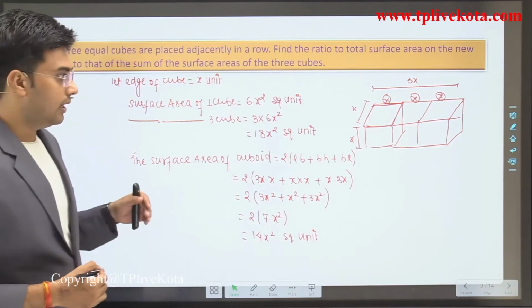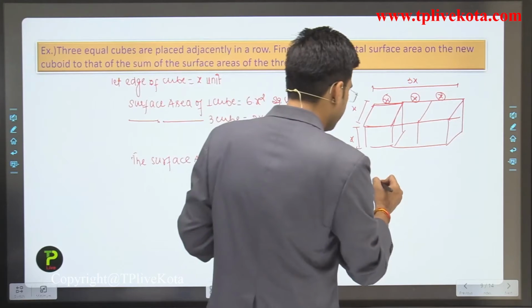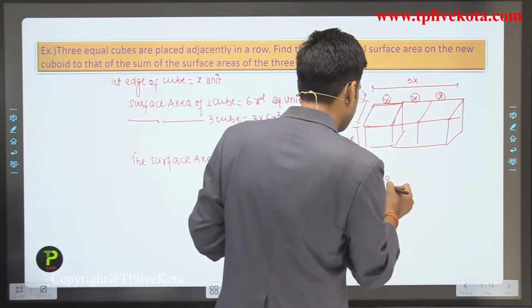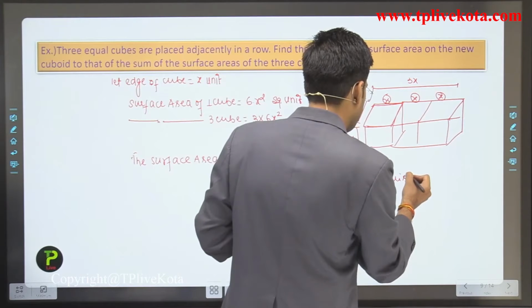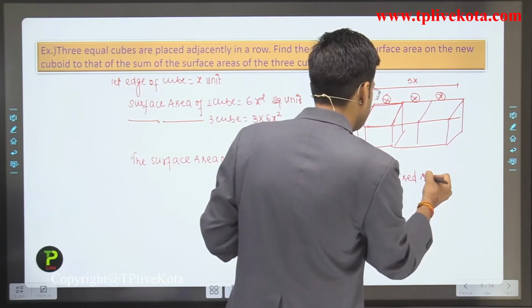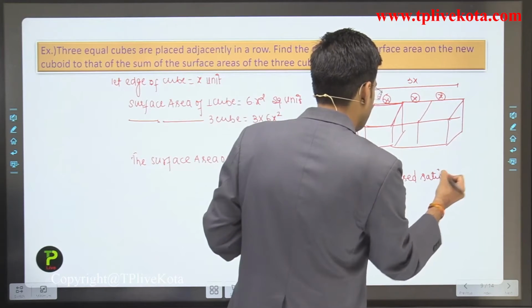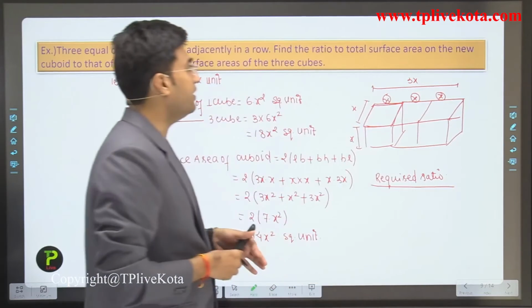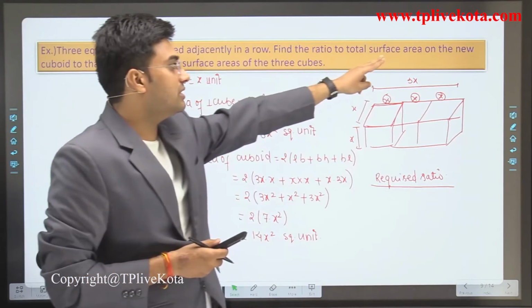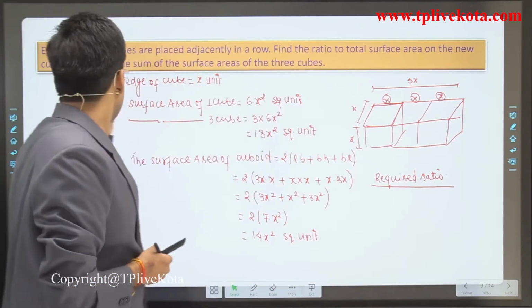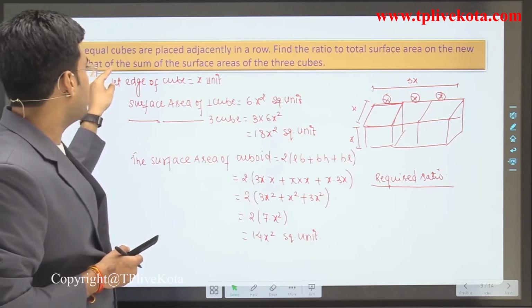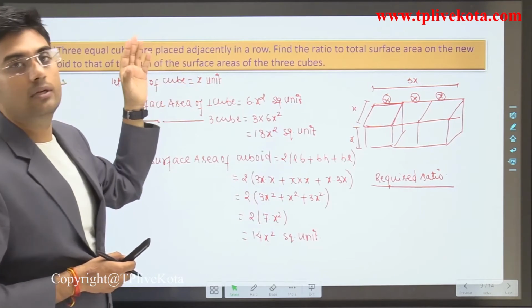Clear? Now we have to find the ratio. We have to find the ratio of total surface area of the new cuboid to that of the sum of the surface area of 3 cubes.